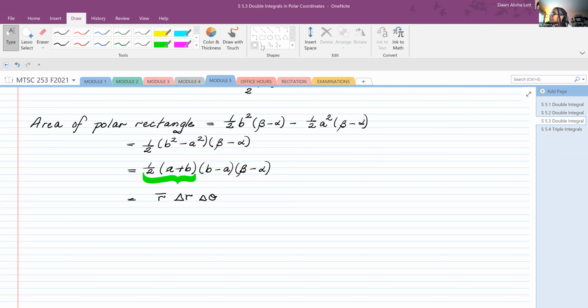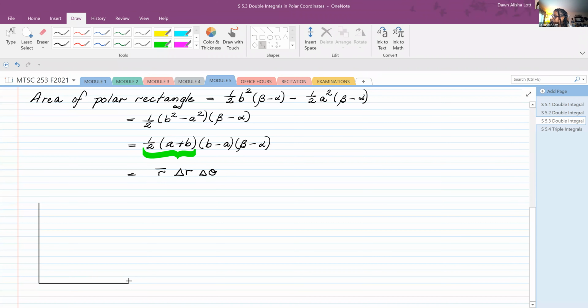So now let's say I take another polar rectangle. And this time I'm actually going to divide it up. So I'm going to take it like that, and then take it like this, and then like this, and then like this.